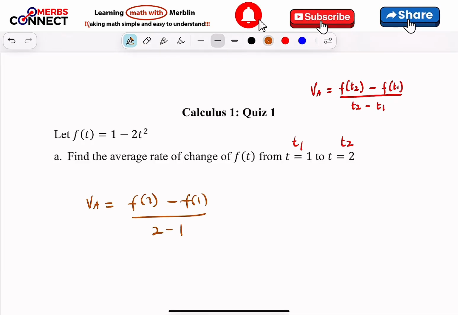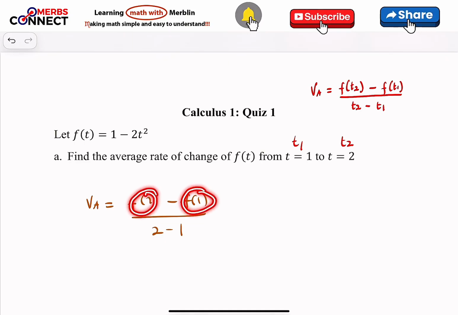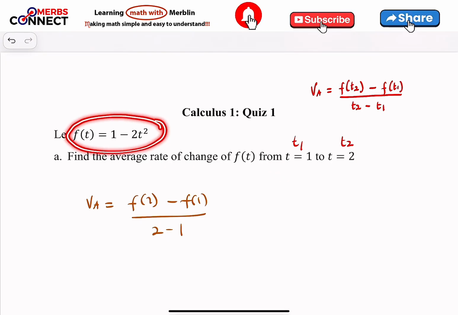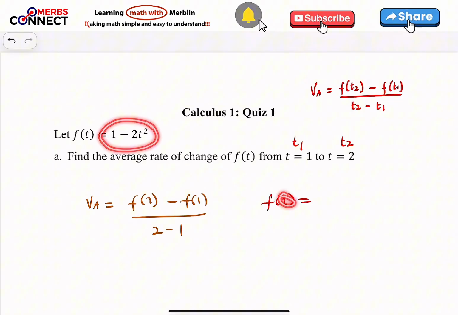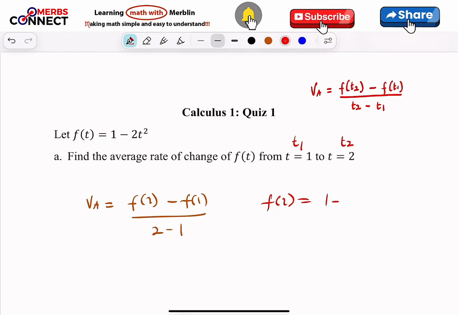Now, what do I need? I need f of 2 and f of 1. But they've given us the function, so you will be able to find that. F of 2 will be equal to, I'm just going to substitute 2 for t, and I'm going to have 1 minus 2 times 2 squared, which is 1 minus 2 times 4, which is 1 minus 8, which is equal to minus 7.